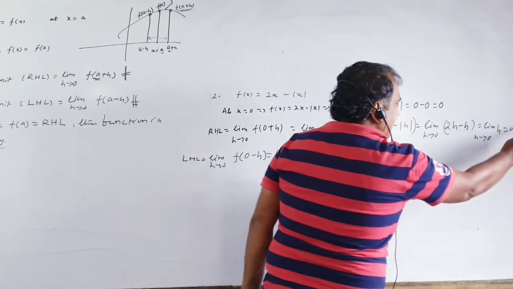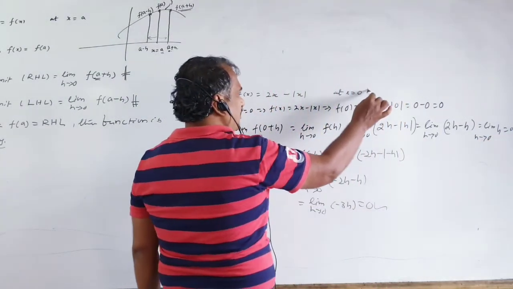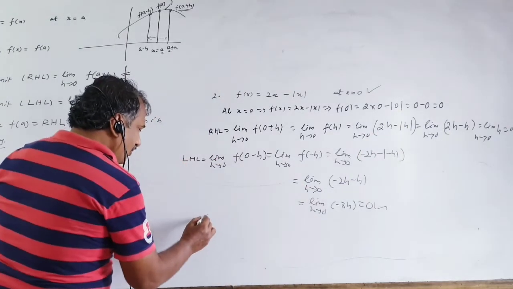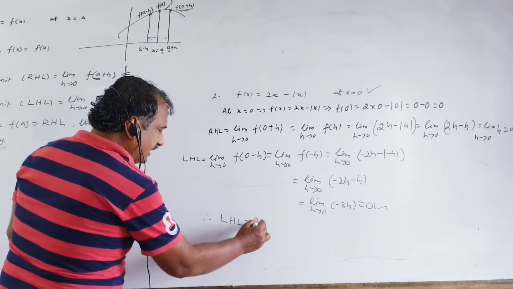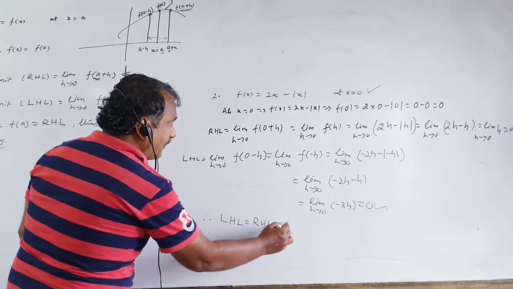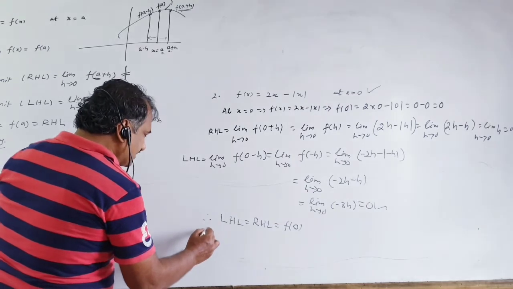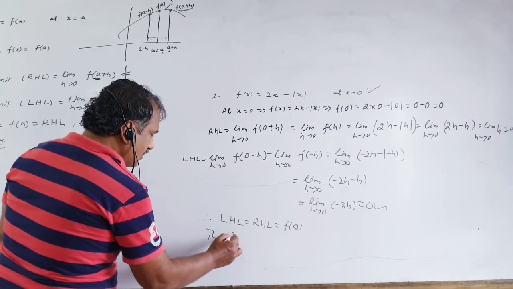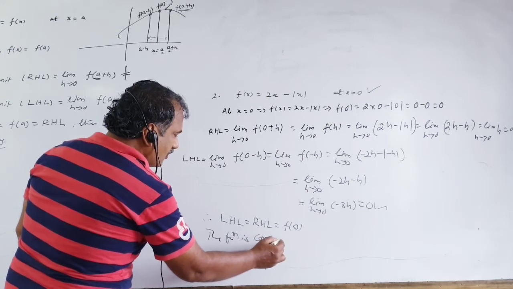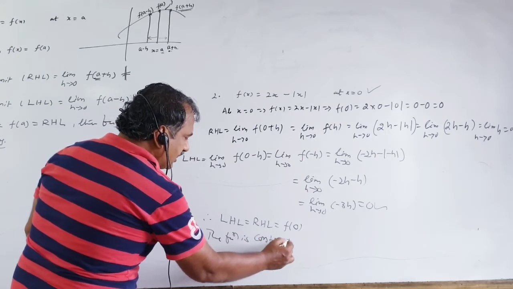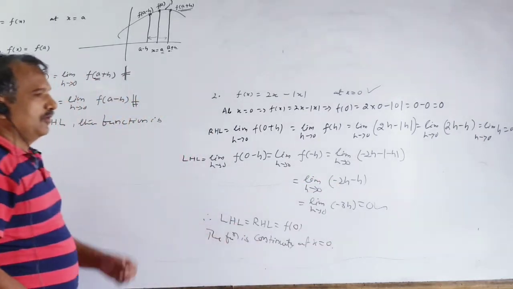So here right hand limit equals left hand limit equals f of 0. Therefore left hand limit equals right hand limit equals f of 0. That means the function is continuous, or we can write continuity at x equal to 0.